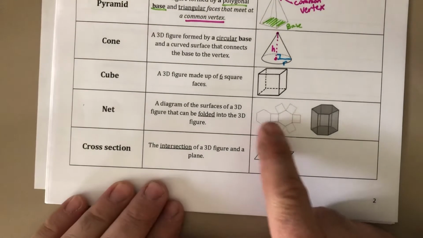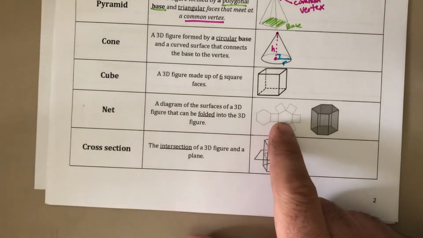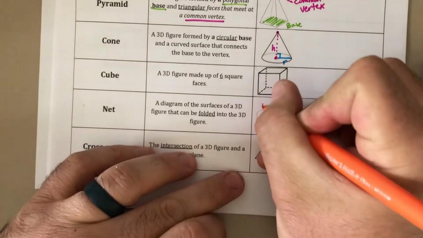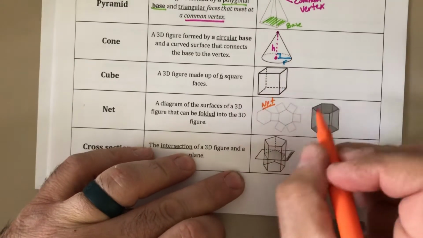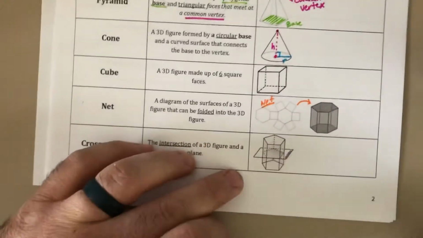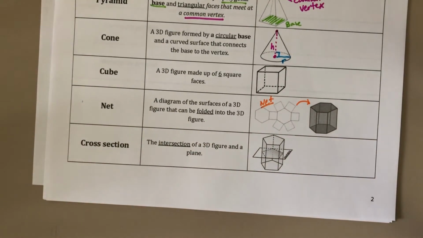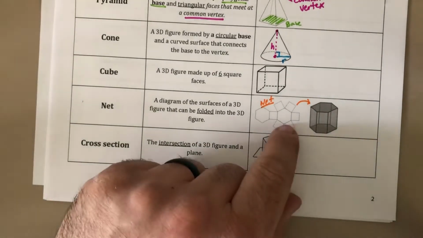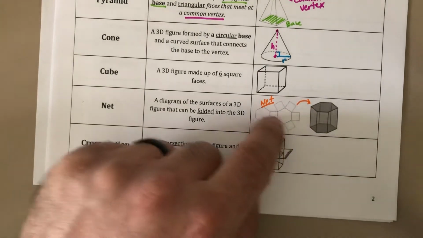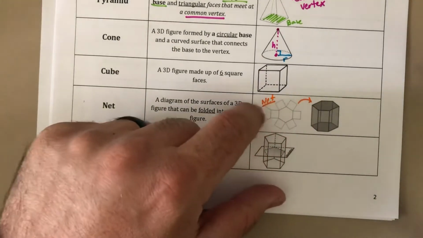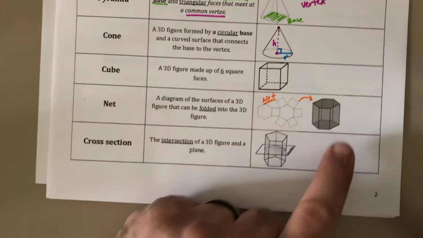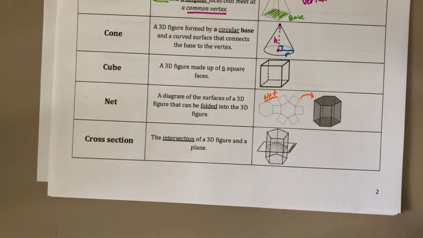And so this one over here on the left, that is the net. It should fold into that 3D object. If I were to cut it all out on the outside in one piece, it should fold into that object.